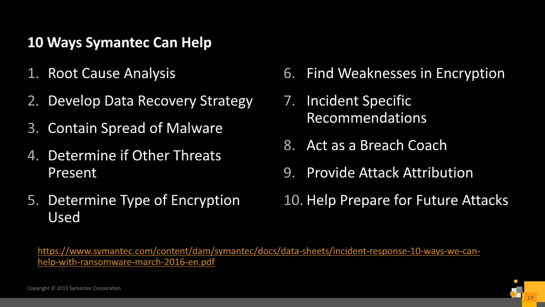Let's just re-image the machine and move on. But unfortunately, doing so may wipe evidence of an advanced threat that came in along with the ransomware. So we're going to help you determine whether there's something else there if you give us that ability.